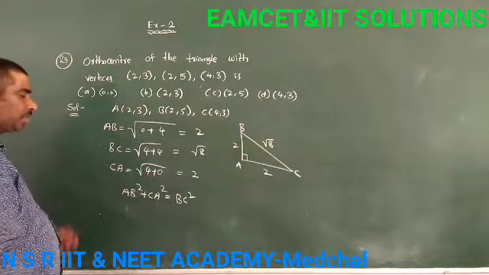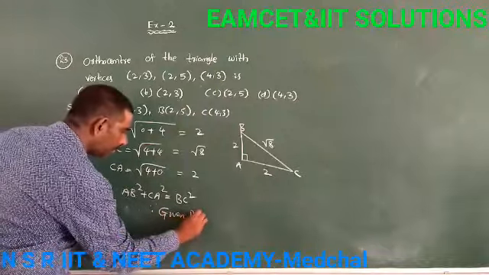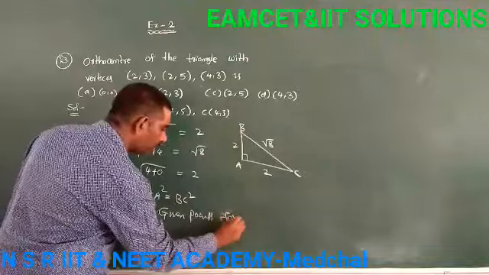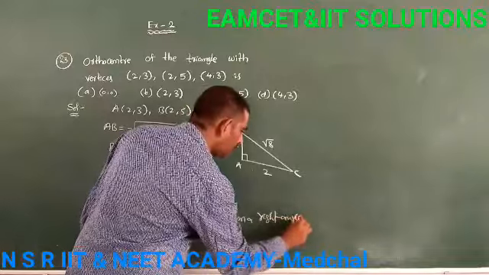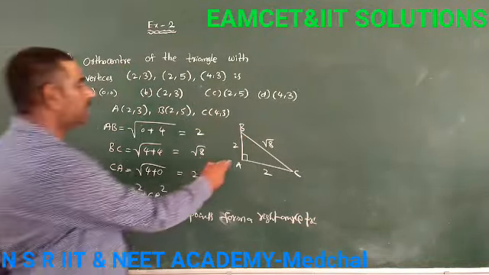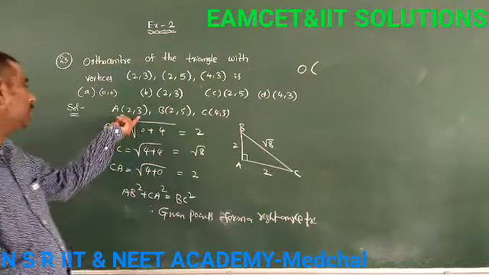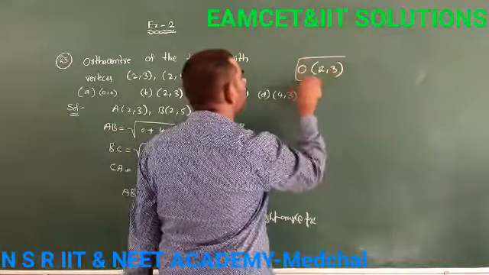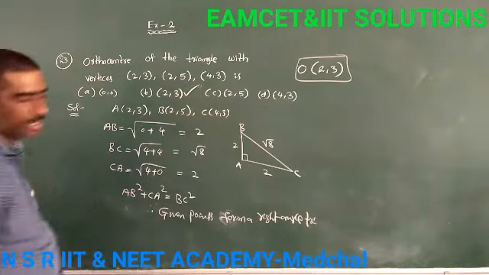So the given points form a right angle triangle. In a right angle triangle, the orthocenter is at the right angle vertex. So orthocenter O is equal to point A. Coordinates are (2, 3). So our orthocenter is (2, 3). So answer is B.